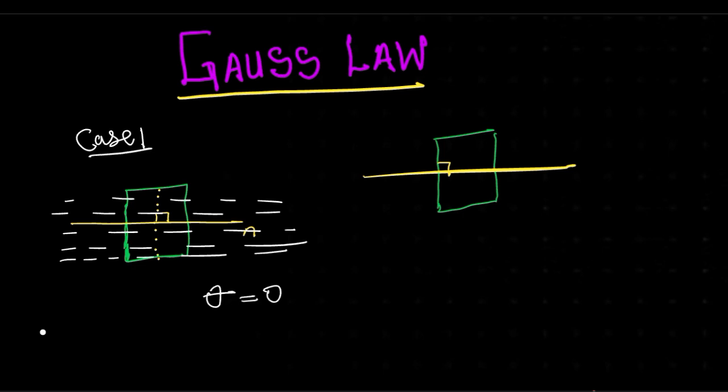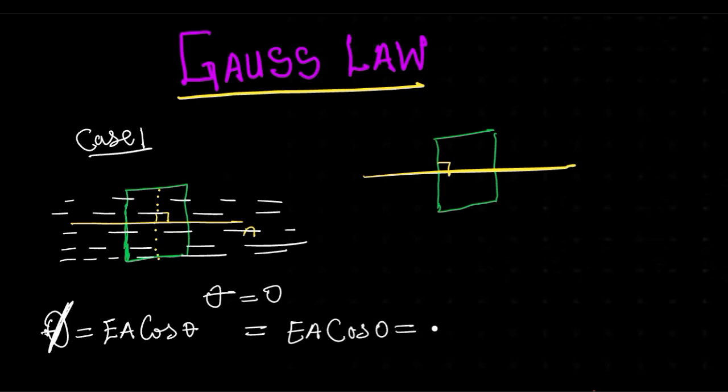Now, recall that electric flux is equal to electric field intensity times area times cos theta, right? So this will give us EA cos 0, and this will become EA.